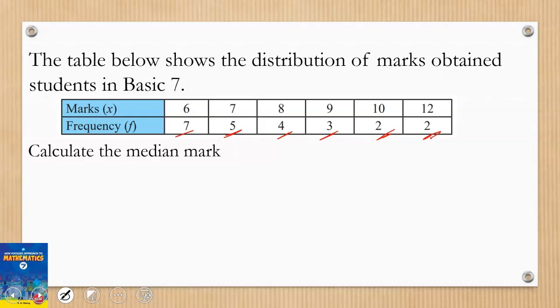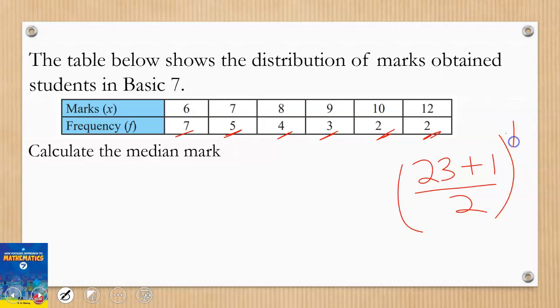So our total is 23. Now, if 23 happens to be your answer and it is an odd number like we see here, all we need to do is add 1 to it and divide by 2 to give us the position.